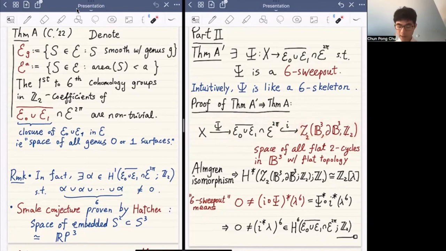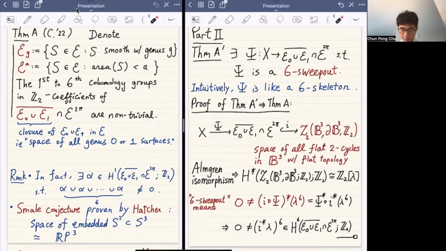Because the smooth topology we use is much stronger than the flat topology, this inclusion map I is continuous. And psi, of course, we assume is continuous.